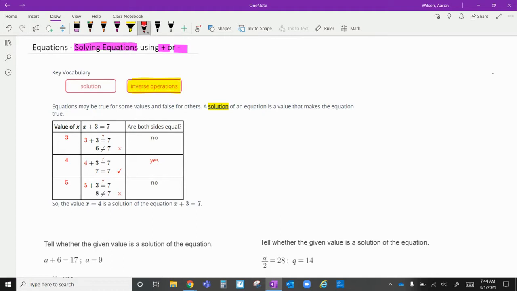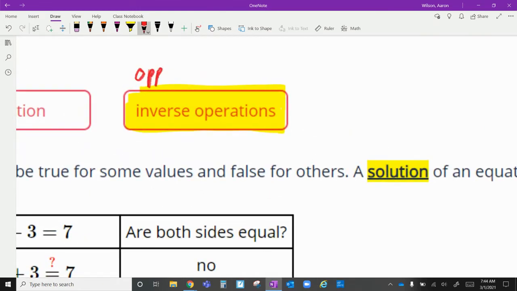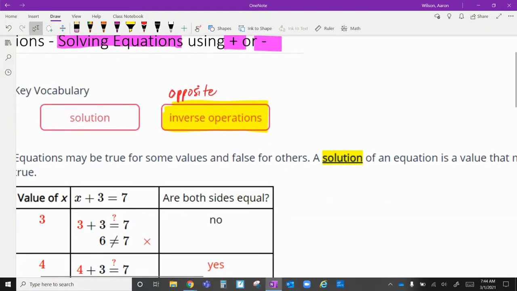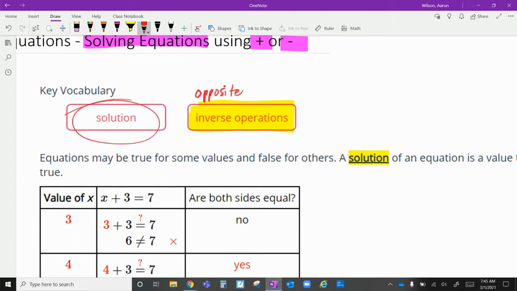Inverse operation is a big fancy word for opposite. So if the equation involves addition, we will be solving it by using the inverse operation, which of course is subtraction. And the solutions are the answers for the variables that make the equation true.